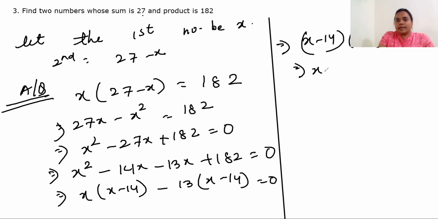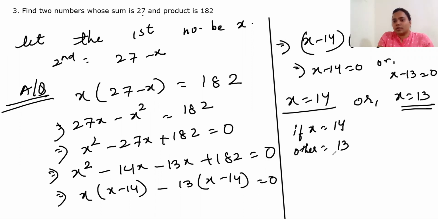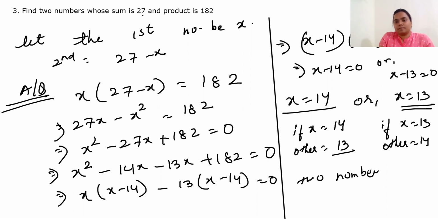Again, x minus 14 is 0 or x minus 13 is 0. So either x is equal to 14 or x is equal to 13. Their sum is 27. If the first number x is 14, the other number will be 13, that is 27 minus 14. If x is 13, the other number will be 14. So anyway, the two numbers are 14 and 13.